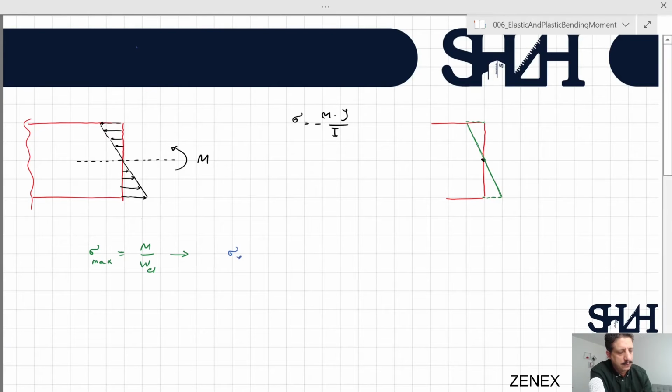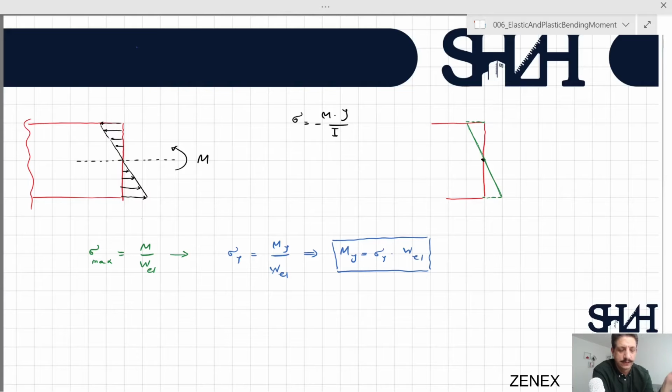So sigma y is M y divided by W elastic, so M y is sigma y times W elastic. This is like how we determined P y for the other example. We calculate the elastic section modulus and multiply it by sigma y of the material, and then we have the yielding bending moment.